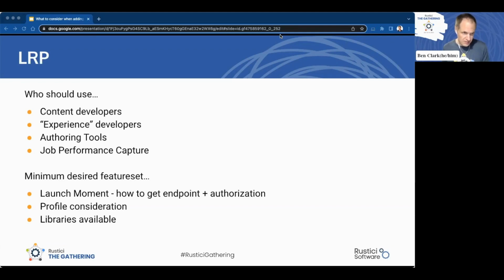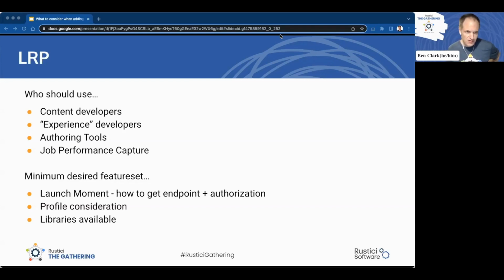Whereas if you're an LMS vendor, then you're probably more looking at using an LRS. It's interesting to consider here that sometimes even an LRS can be acting as an LRP in the case that it's sending out statements, in the case of statement piping, which we'll get to in a bit.